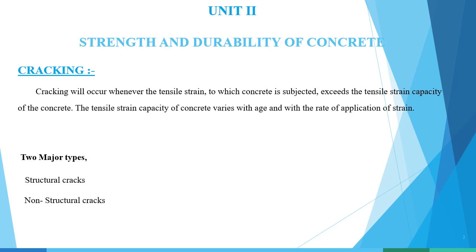Non-structural cracks occur mostly due to internally induced stresses in building materials. These cracks normally do not endanger the safety but may look unsightly, create an impression of faulty work or give a feeling of instability.